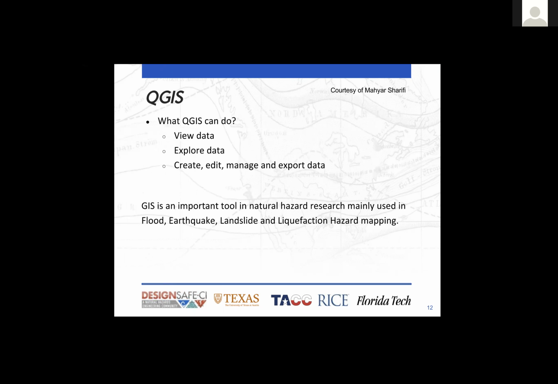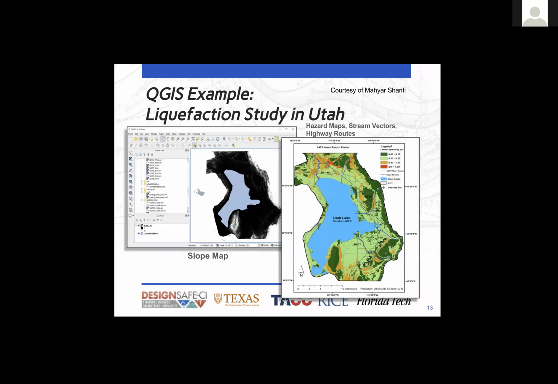We're getting into a stabilized version and then will open it publicly on DesignSafe soon. I appreciate Mayar Sharif's input on these slides. Also, what's coming up soon, these are a couple of screenshots of what it looks like, and we'll have this available here soon. It's a liquefaction study done in Utah. And you can see the lakes and what the lateral spreading is.